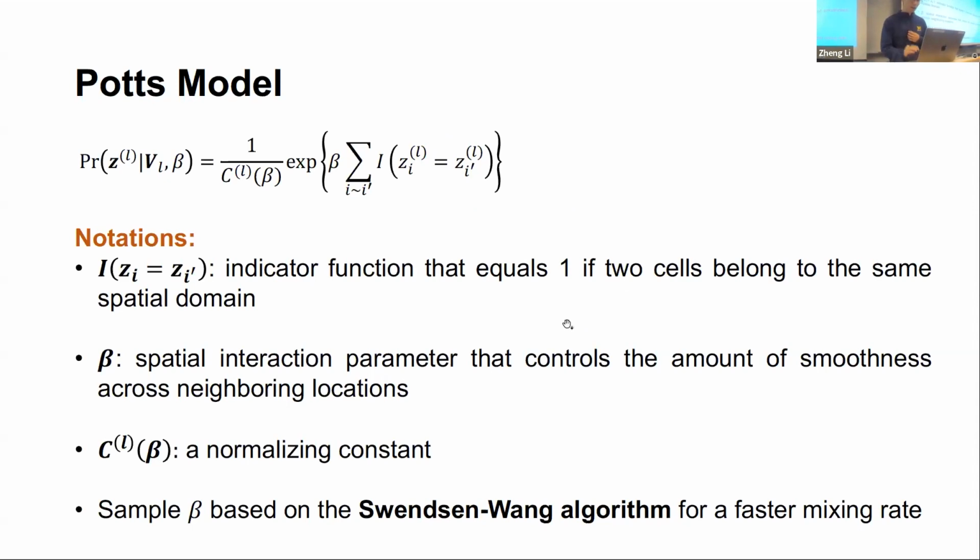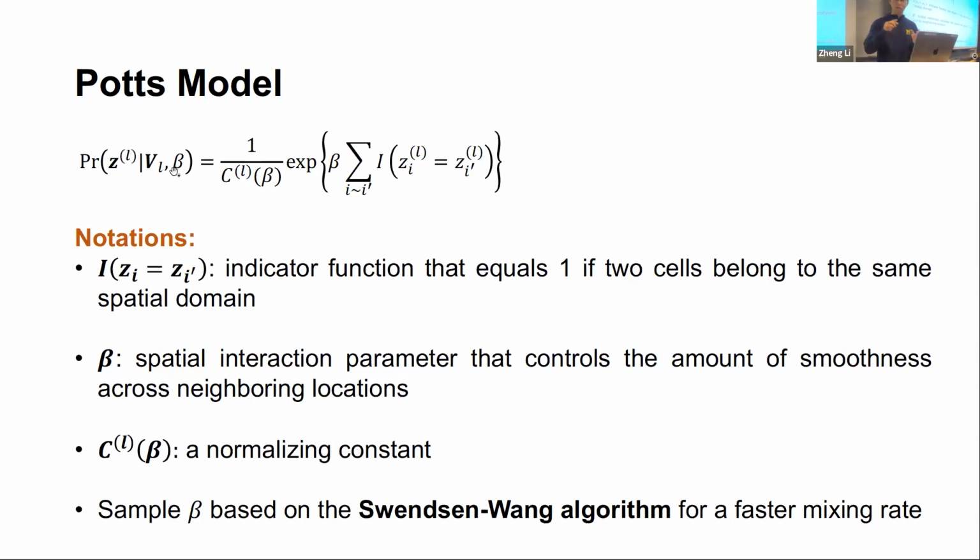So here is a little bit of introduction to the Potts model. The Potts model is commonly used in Bayesian analysis as a prior to incorporate the relationship among variables. And it has two parameters. One is a neighborhood graph.